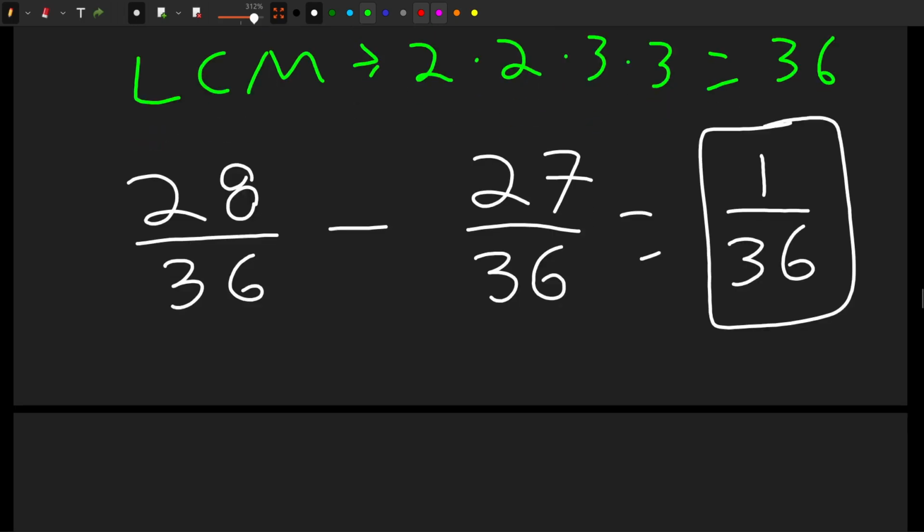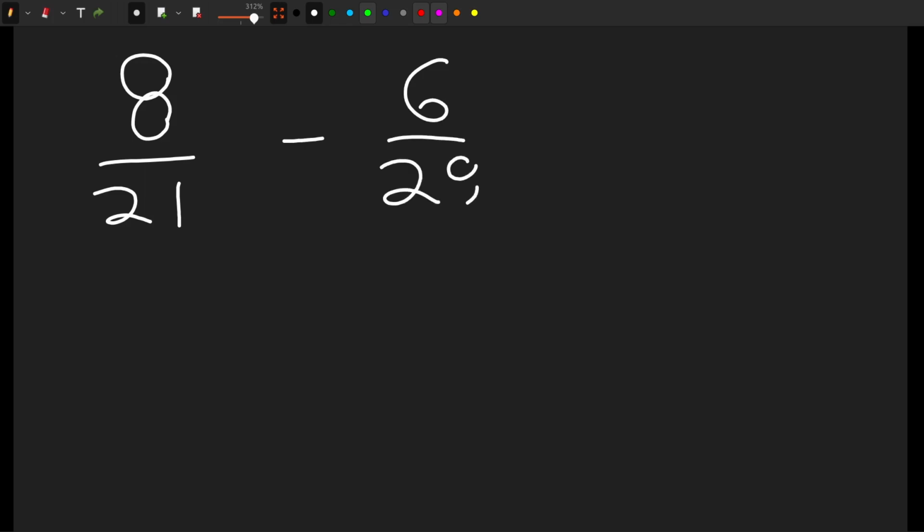Okay. The fourth problem now. We have 8 over 21 minus 6 over 28. Now, here we can find the factorization of 21 to be 3 times 7. And the factorization of 28 is 2 times 2 times 7. And so I know both of these numbers have a 7 in common.